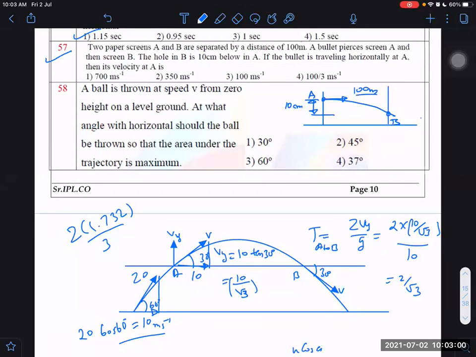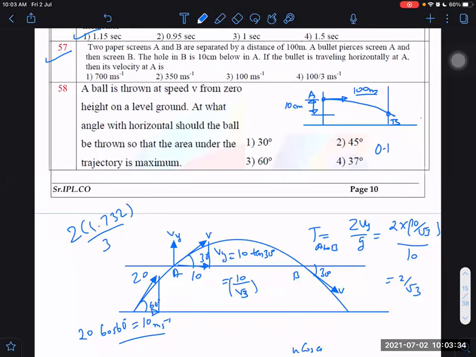Sir, bullet is traveling at A means it is traveling towards A, no, sir? Bullet pierces the screen A. It pierces it and then goes towards B. And the gap between the holes is 10 centimeter vertically. What time does it take to travel 10 centimeter vertically?